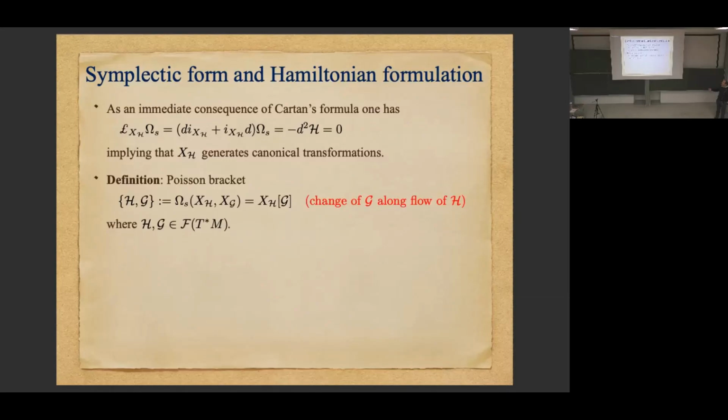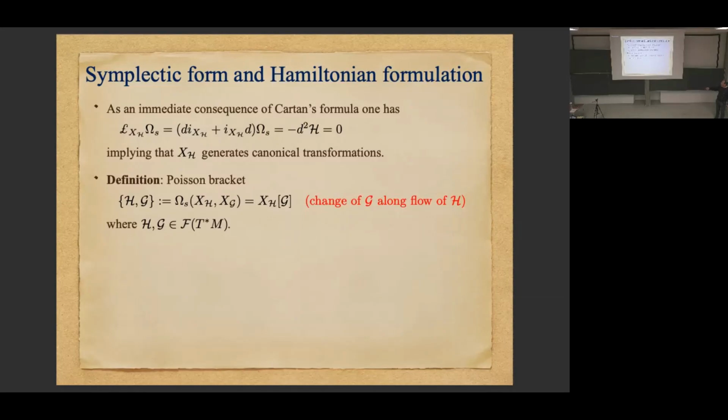Now you can also introduce the Poisson bracket between two functions on the cotangent bundle. This is just the symplectic form evaluated at the corresponding Hamilton vector fields. This gives you the change of G along the flow of H, or minus that, vice versa.